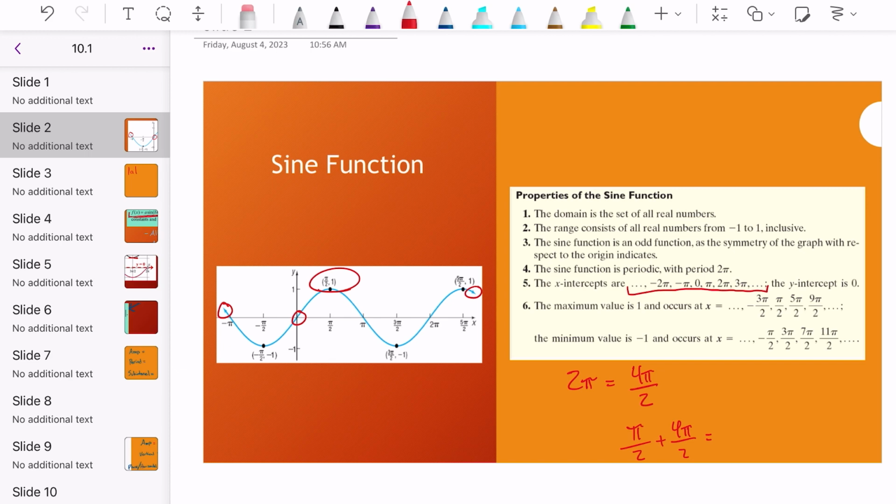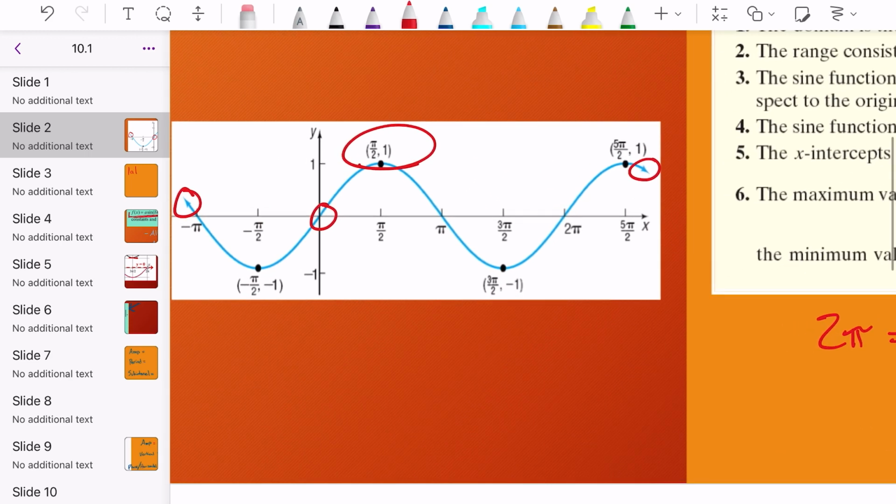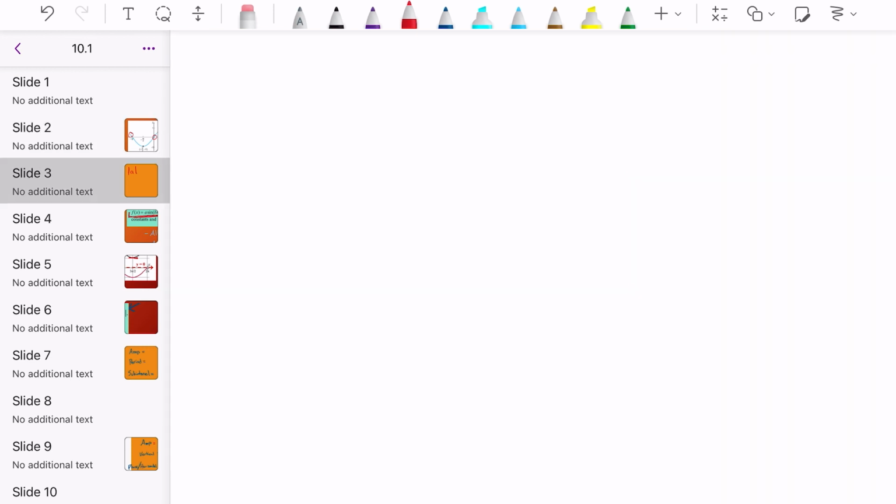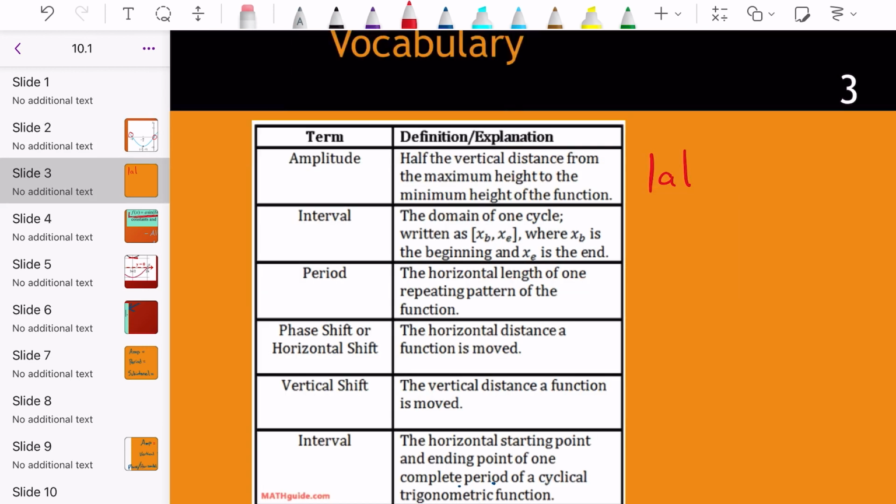If we were writing the interval starting at our origin, we would be writing it as 0 to when it completes, which would be to 2 pi, and we would have a closed bracket. So that would be from 0 all the way up to 2 pi.